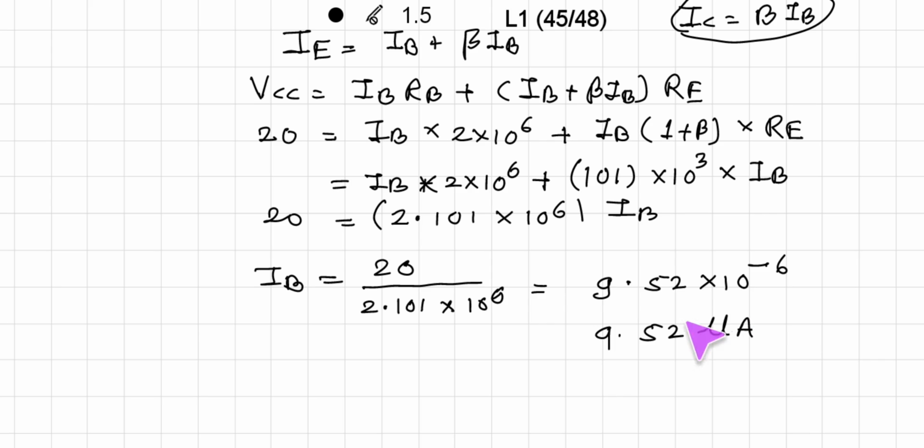So this way we have got the value of IB. IB is now known and beta is also known.